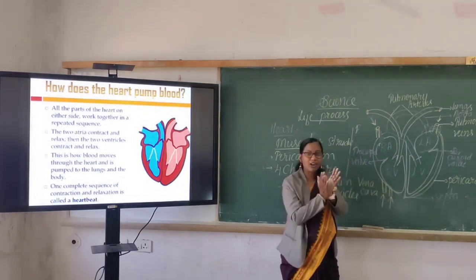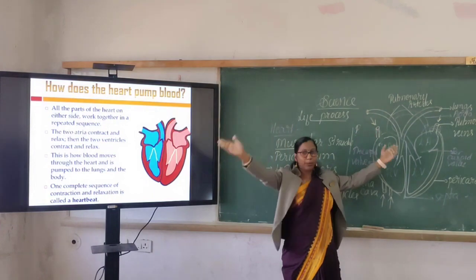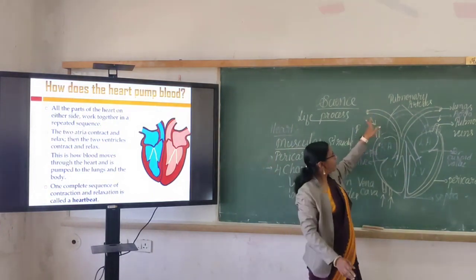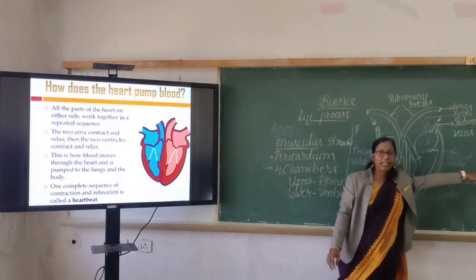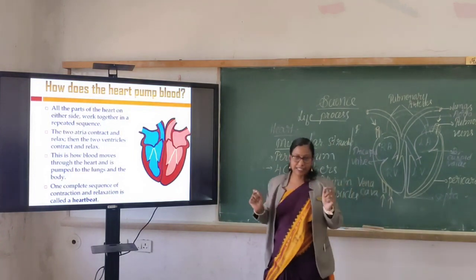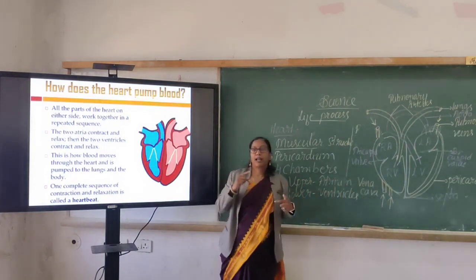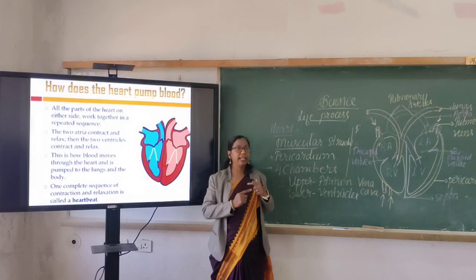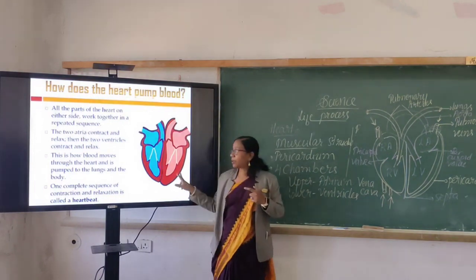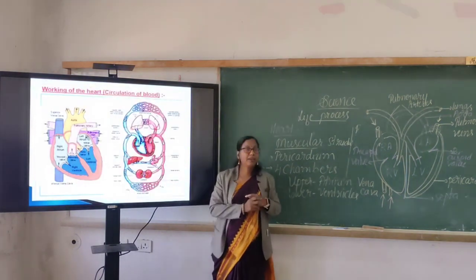When the ventricles contract, the blood moves to the pulmonary arteries as well as pulmonary veins simultaneously. So that is how the blood keeps circulating throughout the body.